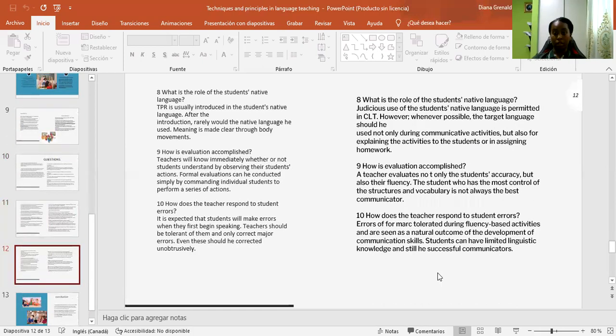Another one could be, how is the evaluation accomplished? A teacher evaluates not only students' accuracy, but also their fluency, as I mentioned in one of the previous slides.